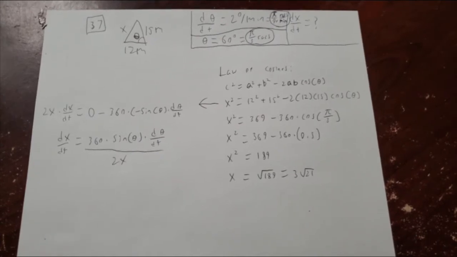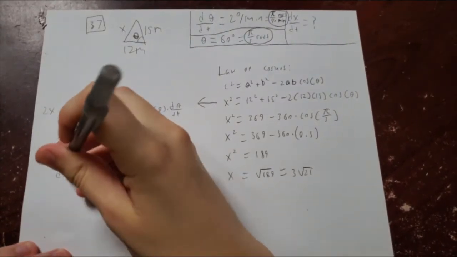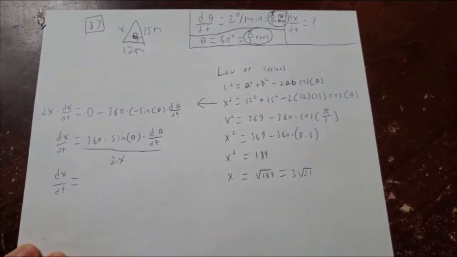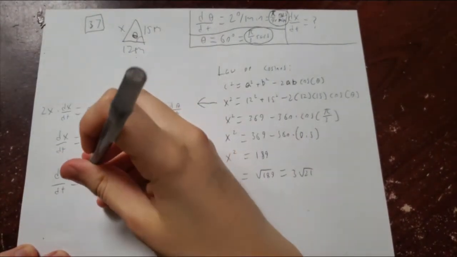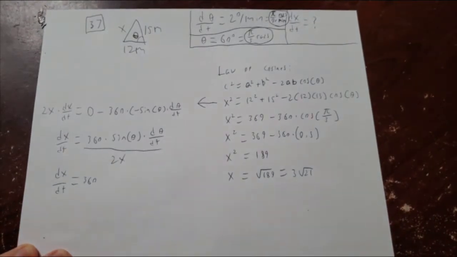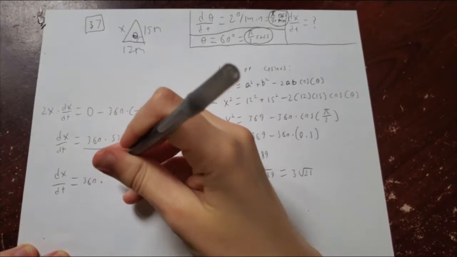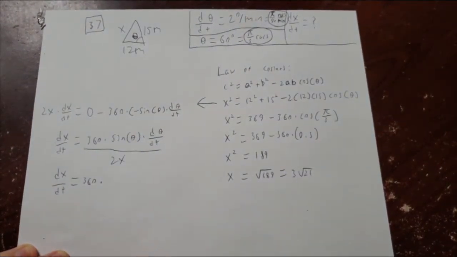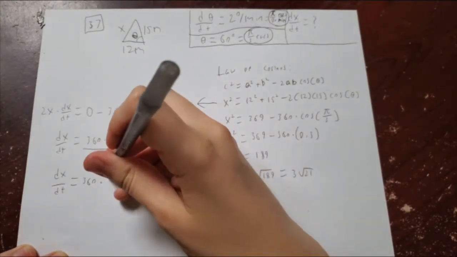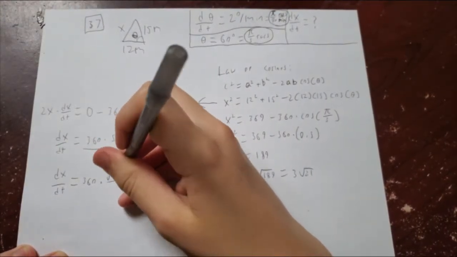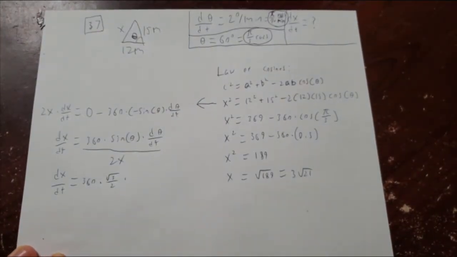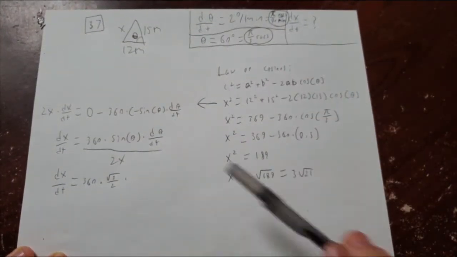So now, since dx dt is our unknown, we'll keep that over here, and we'll start plugging in all of our values. So 360 times the square root of 3 over 2 for the sine of pi over 3, and that's times pi over 90, which is our d theta dt that we have right here.